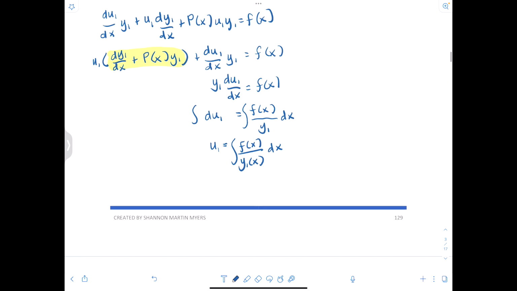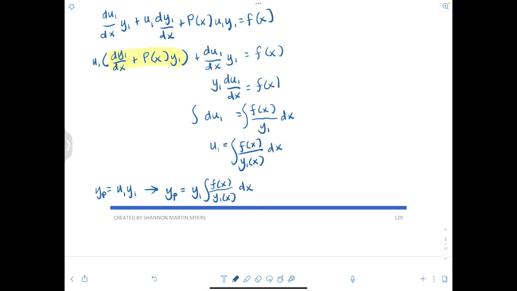Now, yp, remember, is u1 y1, and so that would give us yp is equal to y1 times the integral we just found for u1. So we'll have f(x) over y1(x) dx.